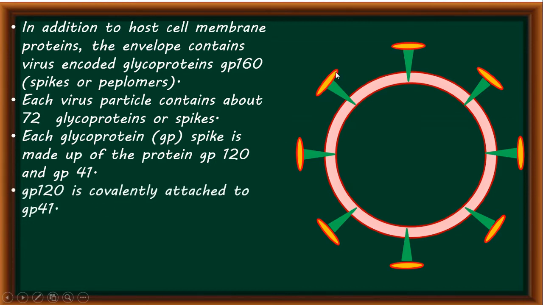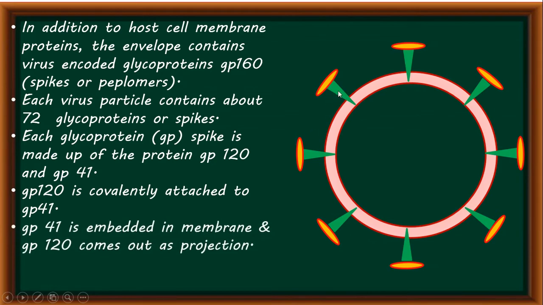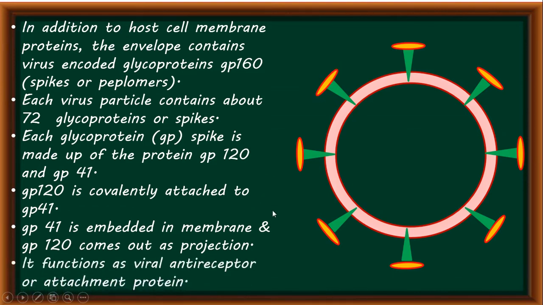The glycoprotein 120 is covalently attached to the glycoprotein 41. The glycoprotein 41 is embedded in the membrane, while glycoprotein 120 comes out as a projection. The spikes that are present in the envelope function as the viral antireceptors or attachment proteins. That means the virus attaches to the host cell surface with the help of these proteins.